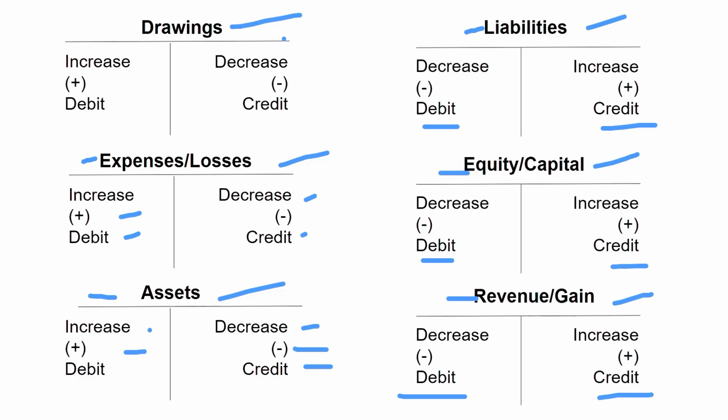Drawings, which is what the owners take out of the business, are similar to expenses. So they increase on the debit side and decrease on the credit side. Once you understand this behavior, you will know exactly which side to record each transaction, debit or credit.